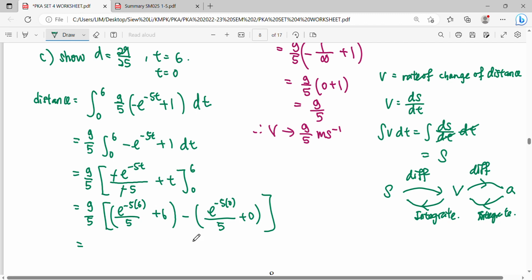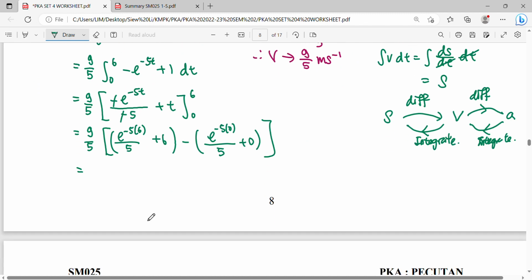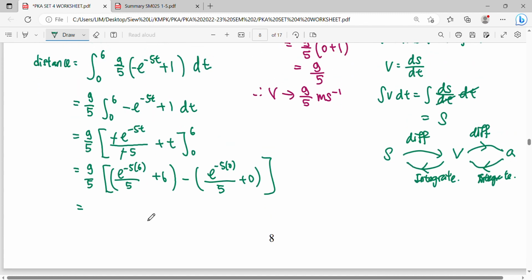So, what is the value here? What do we get? g over 5. So this one is? This one is 6. Already plus 6 or what?